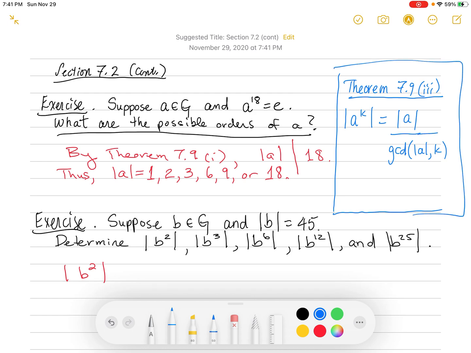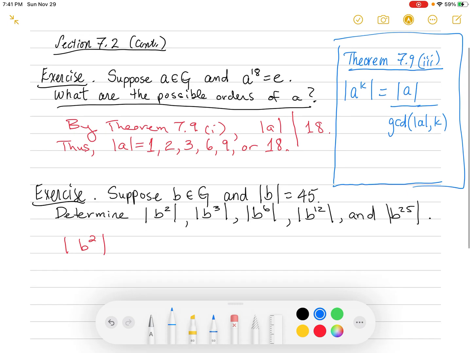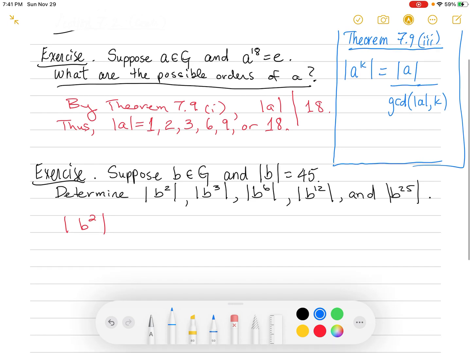Right, that's basically what I had. I think I used n in place of the order of a. So if we're using that for the order of b squared, what will we have?